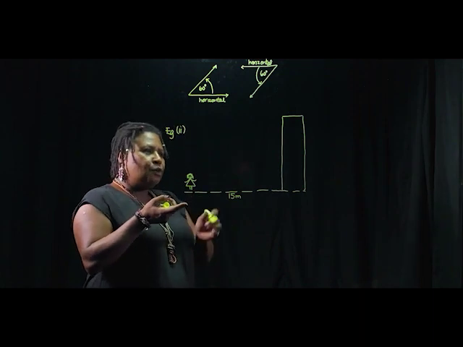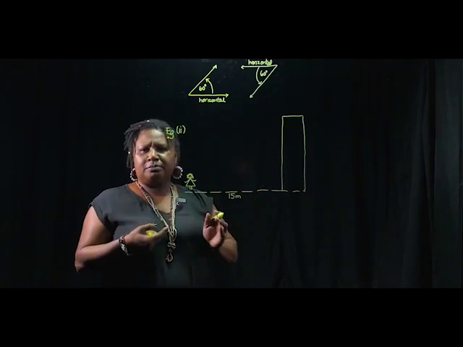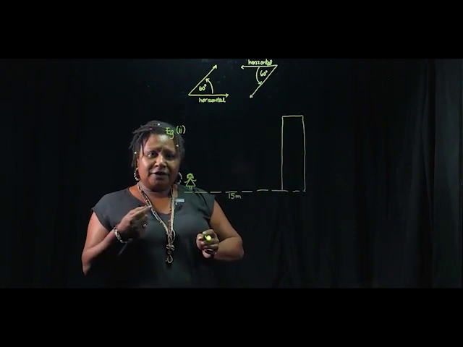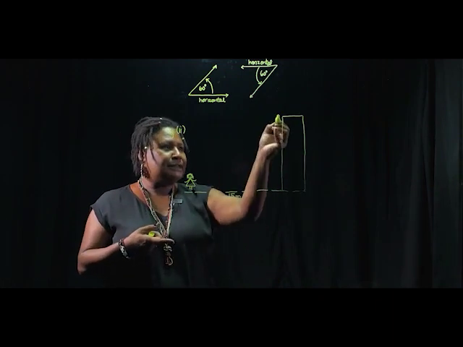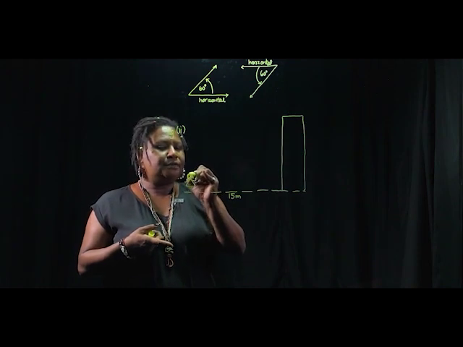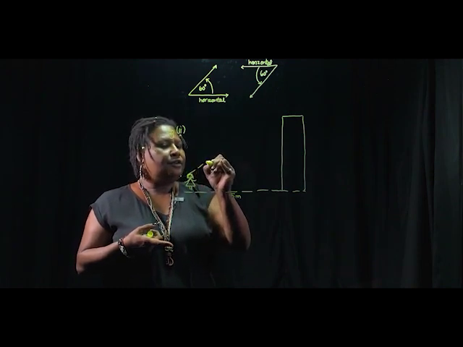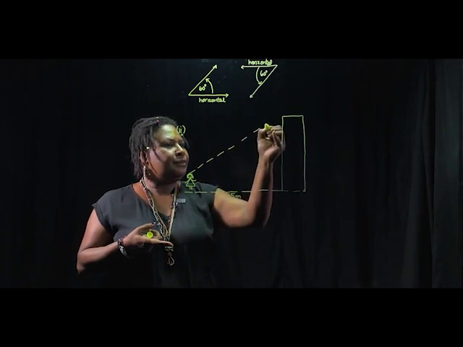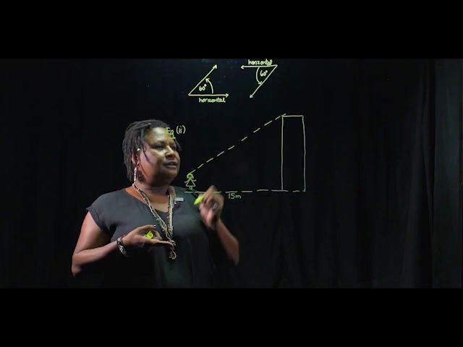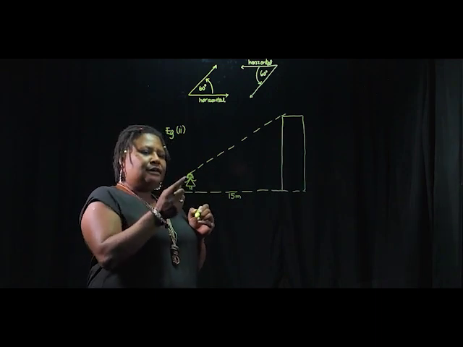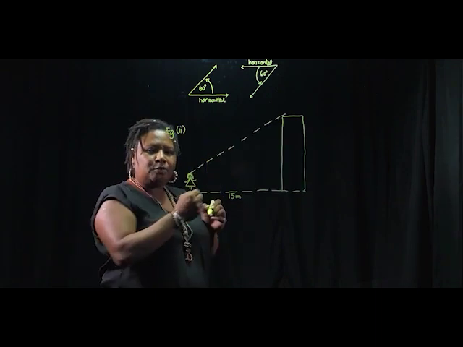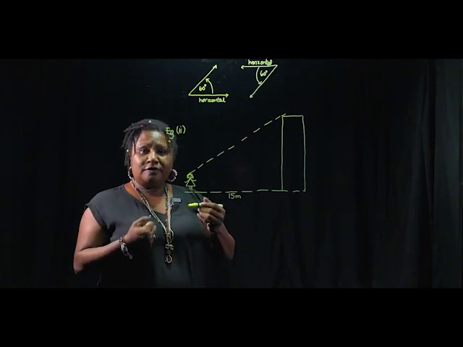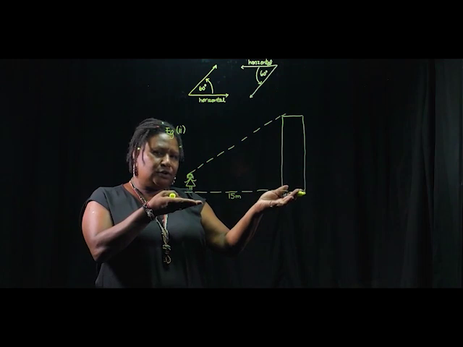So when she looks up at the top of the building, her line of sight forms an angle of elevation, which is 60 degrees. Now, we would have to draw in this to represent her line of sight. She's looking at the top of the building, and her line of sight forms an angle of 60 degrees with the horizontal.